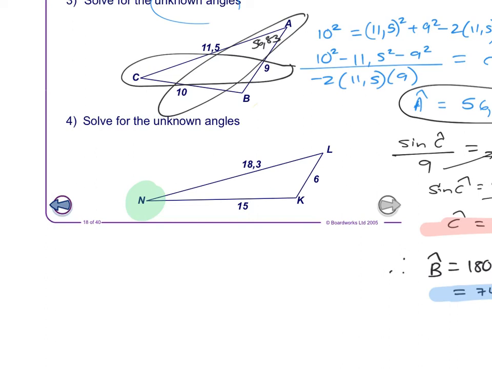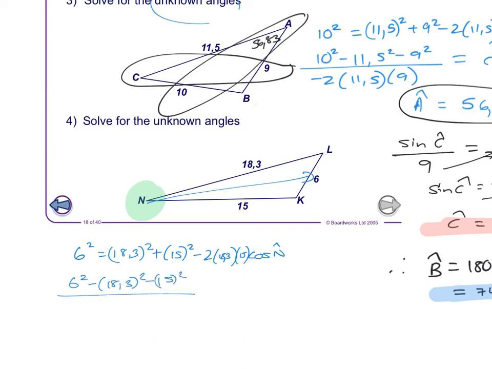All right, so N is across from side 6. So that is what we're going to be focusing on, 6 squared, and then opposite, it's going to be cos of N. And we're going to use the other two sides squared and add it together and subtract 2 times those two sides multiplied to that cos N. All right, so then to get our cos N by itself, you subtract the squareds and you divide by the -2 and its multiplication to get cos N by itself.